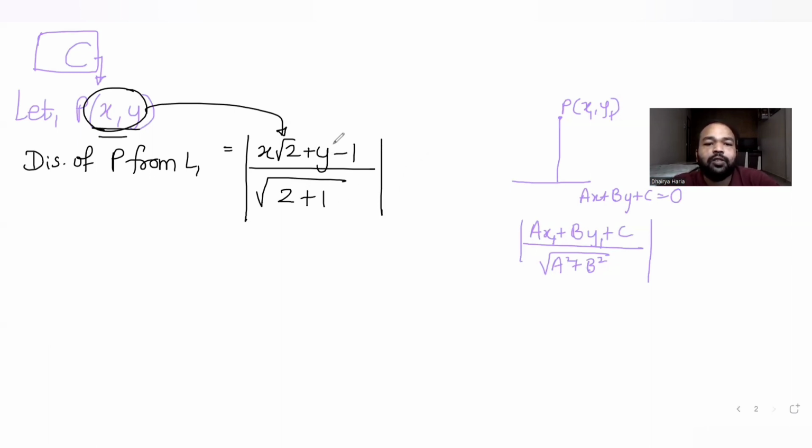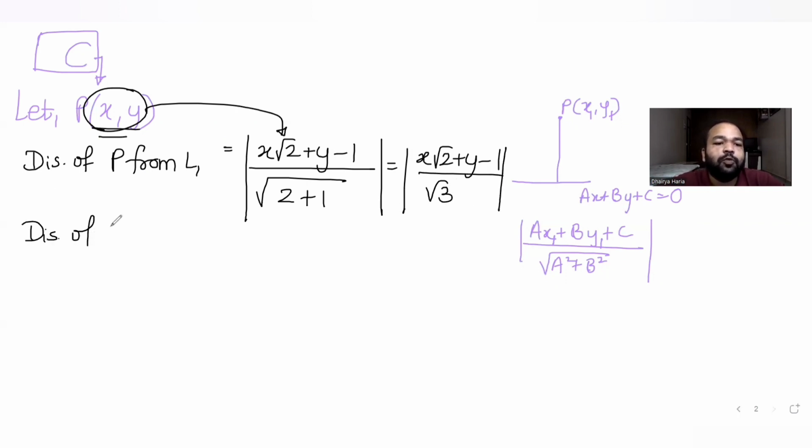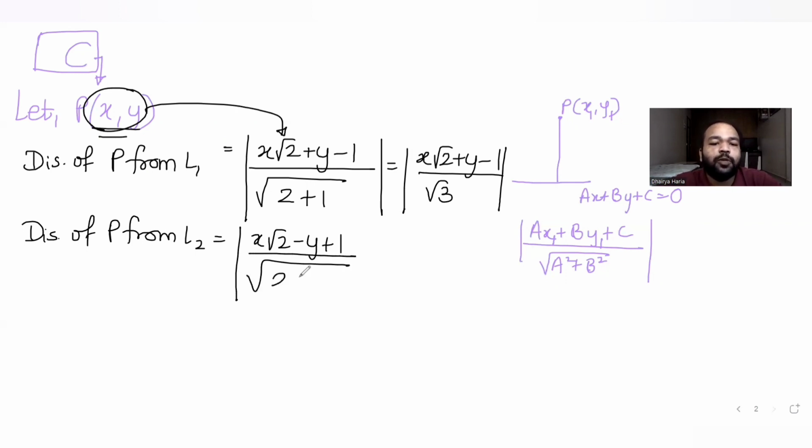So this distance becomes x root 2 plus y minus 1 upon root 3. Further, the distance of this point P from L2 is again the equation of line L2, x root 2 minus y plus 1, upon root of a square plus b square, so root of 2 plus 1. So x root 2 minus y plus 1 upon root 3.